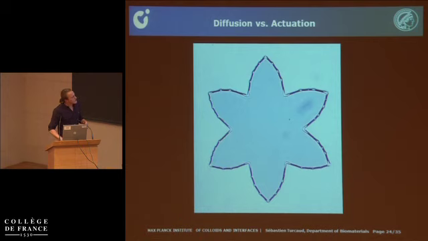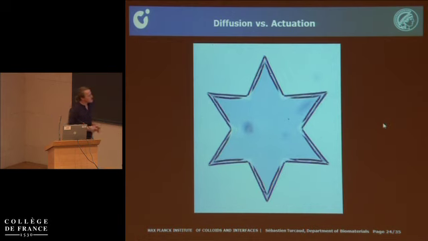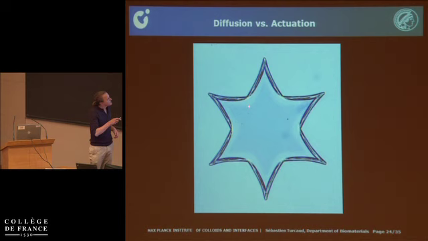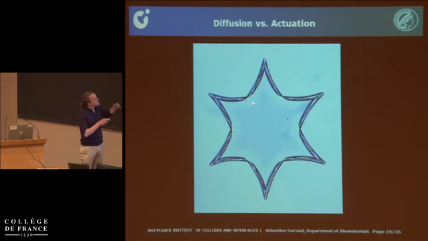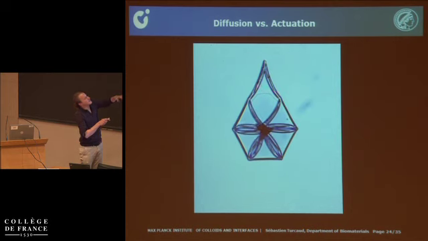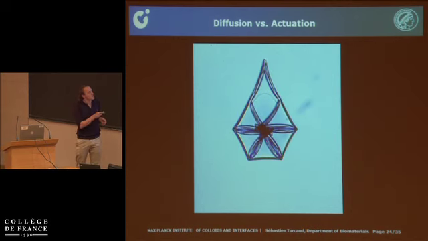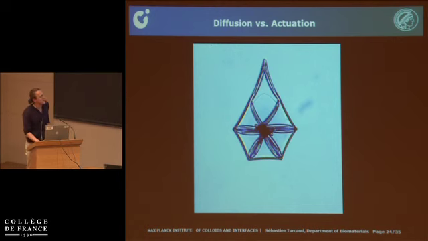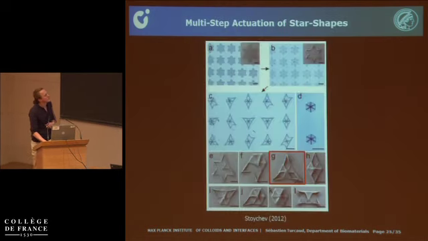Just to check again this argument of separation of timescales, in this video we see a slight contrast between light blue and dark blue, which is the diffusion front progressing, on the scale of seconds. And here's the actuation, for example, when it reaches a certain point, which is on the scale of milliseconds. So it confirms the decoupling.